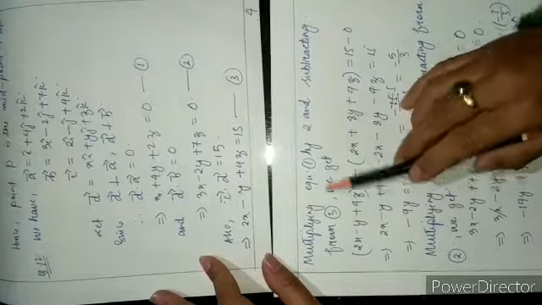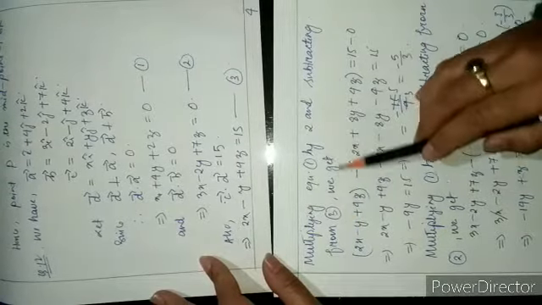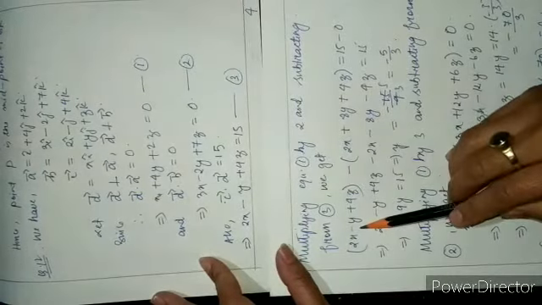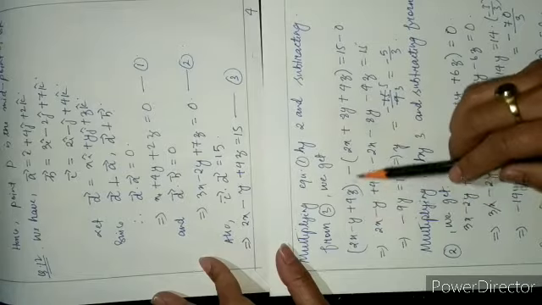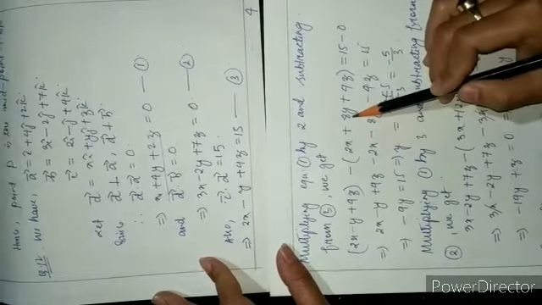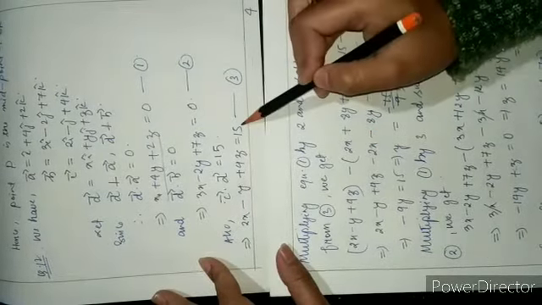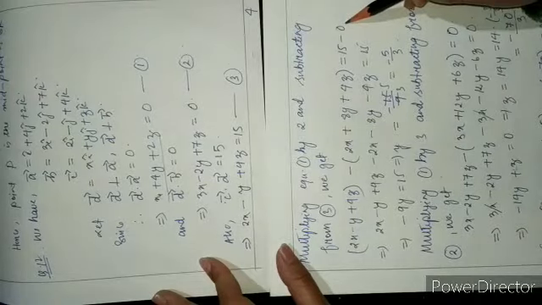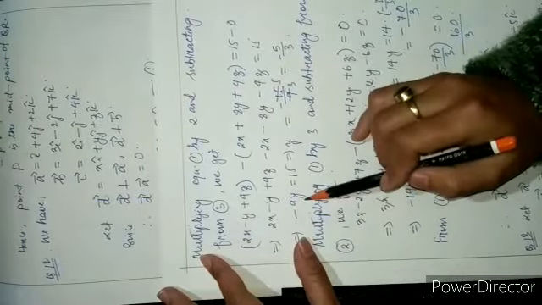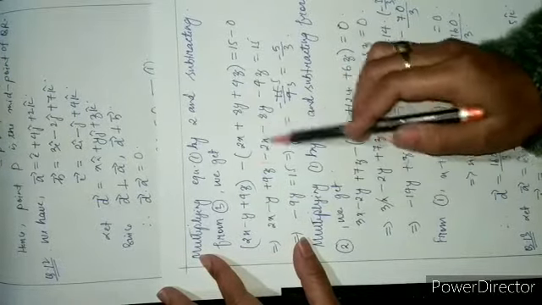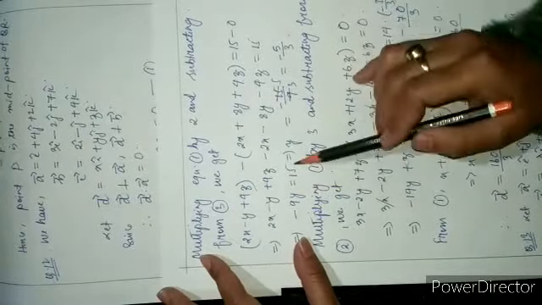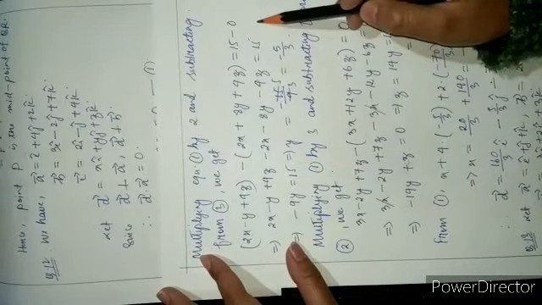Multiplying equation number 1 by 2 and subtracting from equation number 3, we get the following. First write the left hand side of equation number 3, 2x minus y plus 4z, minus the left hand side of equation number 1 multiplied by 2, 2x plus 8y plus 4z, is equal to the right hand side 15 minus 0, since 0 into 2 is 0. Subtracting, 2x minus 2x is 0, minus y minus 8y is minus 9y, and cancelling 4z and 4z gives 0, and 15 minus 0 is equal to 15.